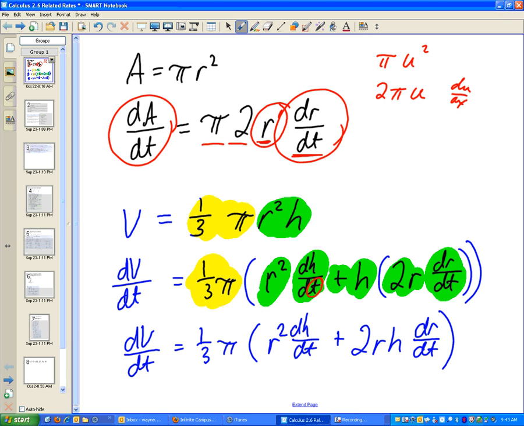Then dv dt is an unknown. dh dt is an unknown, and dr dt is an unknown. And then look, in our new equation that relates those three different rates of change, we still have an R and we still have an H, and they're still unknowns. So they got to give us a lot for us to be able to solve for something. You think you're with me on the concept?